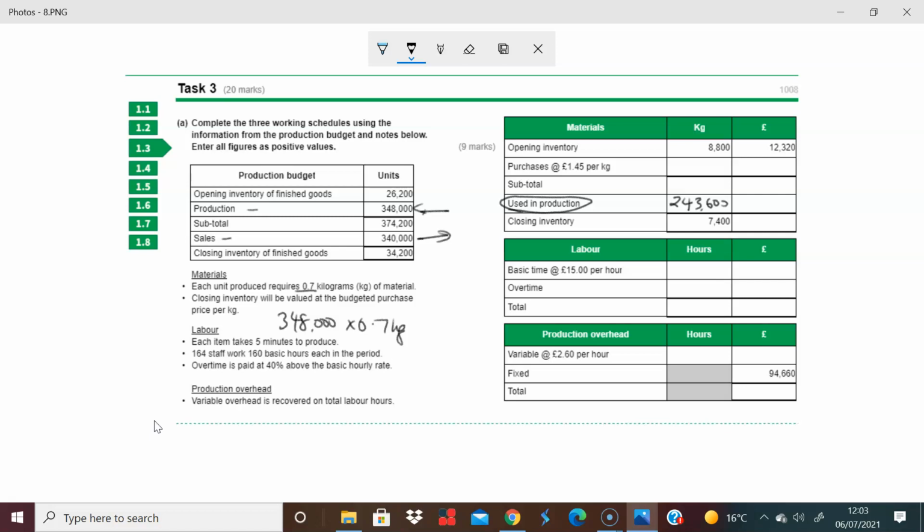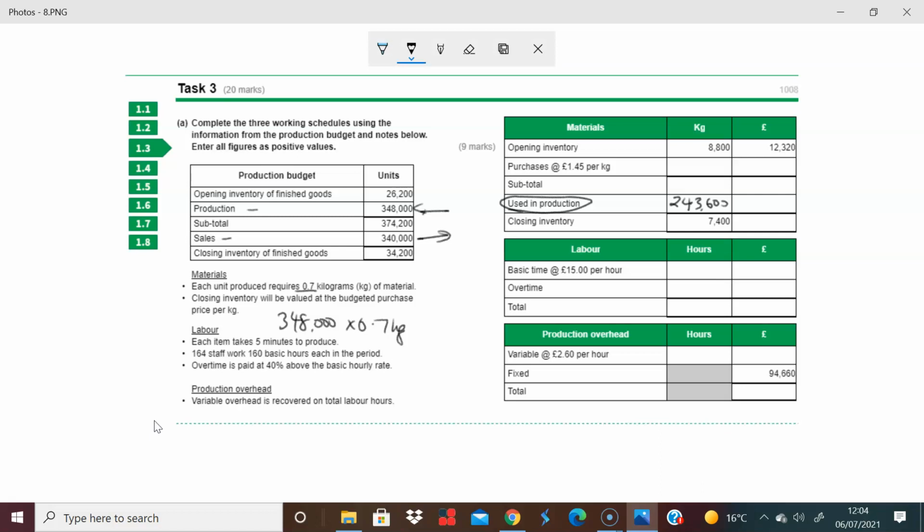Now, again here, if the question is how many kilograms am I going to need to buy? Well, if you're going to need 243,600, and you also need to make sure you have 7,400 available as well, but you already have 8,800 in stock, it's literally 243,600 plus 7,400 minus 8,800.